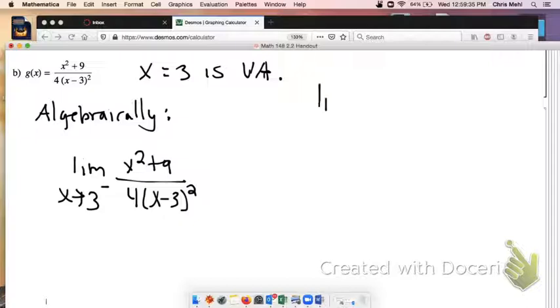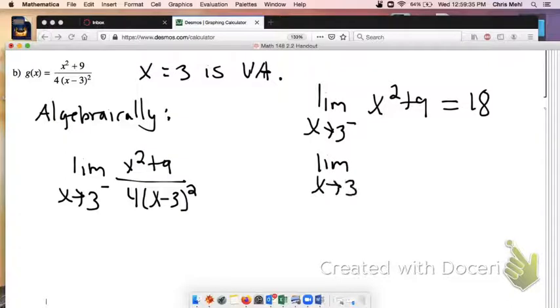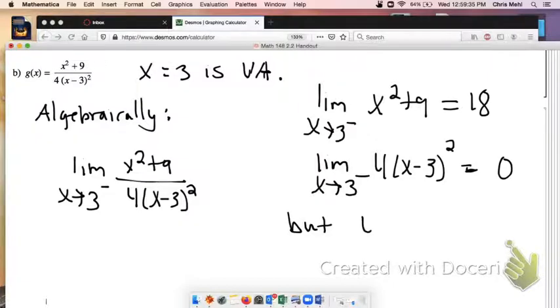If you look at the limit as x approaches 3 from the left of the numerator, that's equal to 18, but the limit as x approaches 3 from the left of the denominator is equal to 0. You can just plug 3 in for x. But 4 times x minus 3 squared is always positive. So the denominator is always positive, but approaching 0.